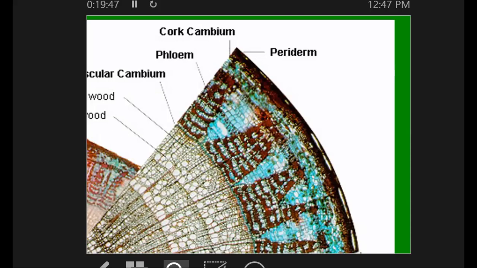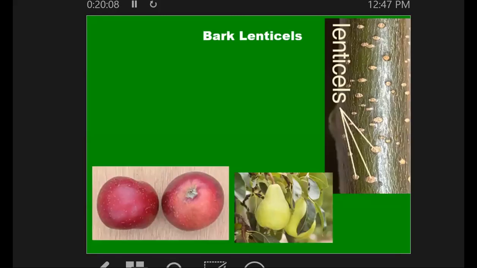So the bark is pretty heavily suberized, got that wax, but the living parenchyma cells just underneath, as well as the phloem and the cells near where you see all the secondary phloem, those are living cells. So you still have to have oxygen in that area, and the bark lenticels will help with that.